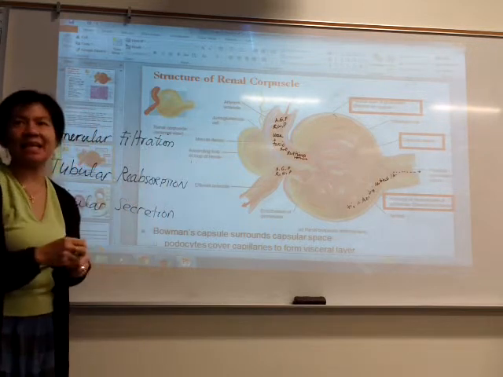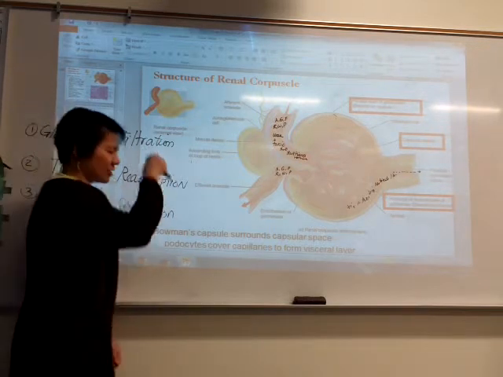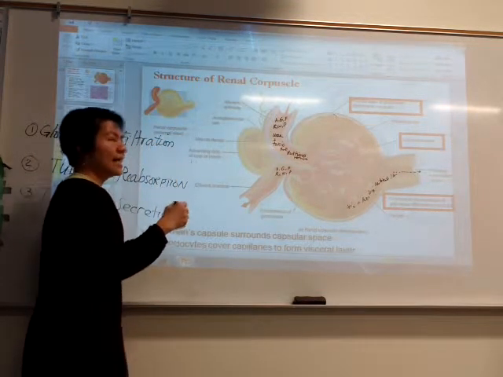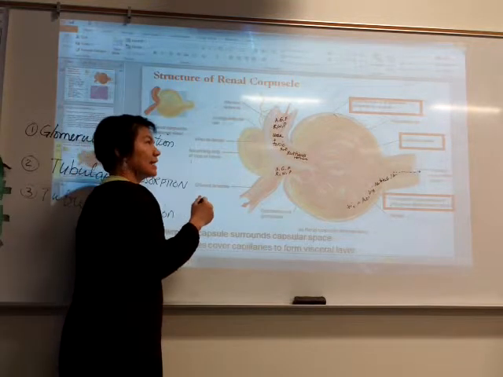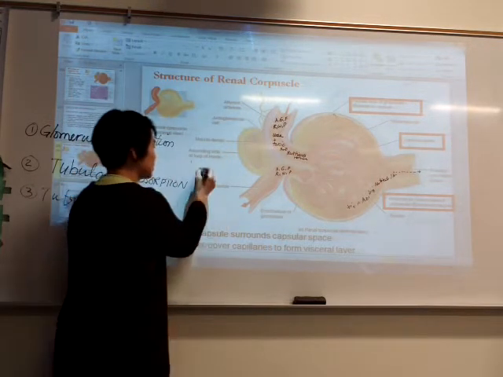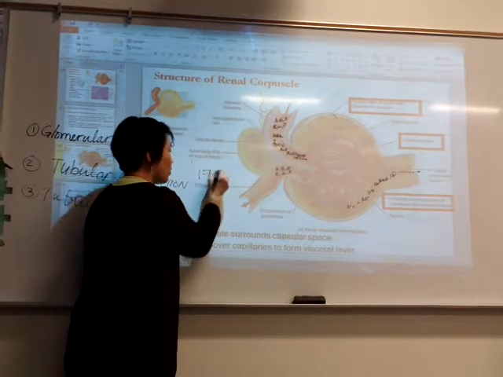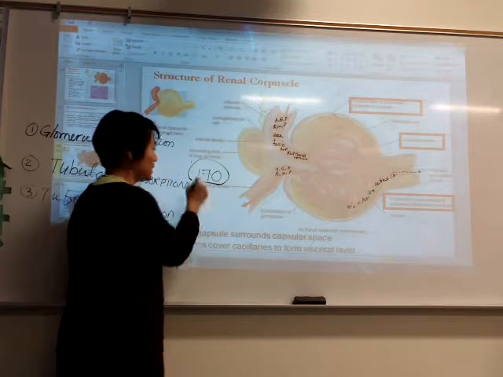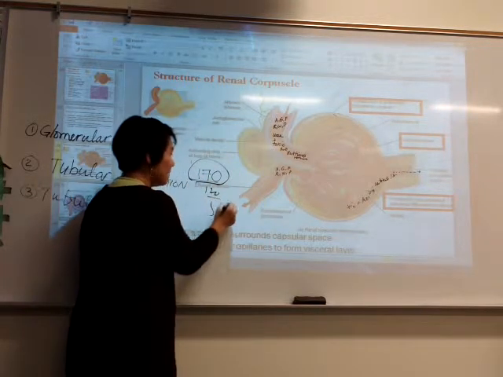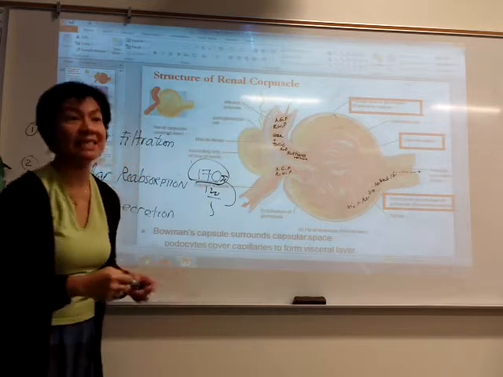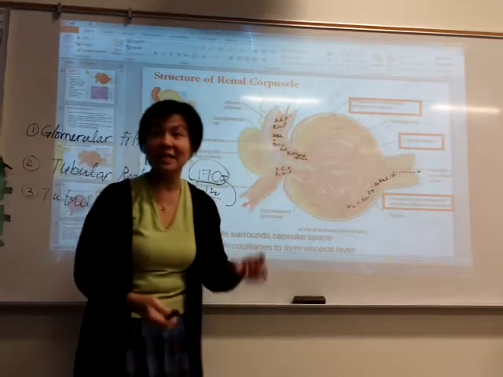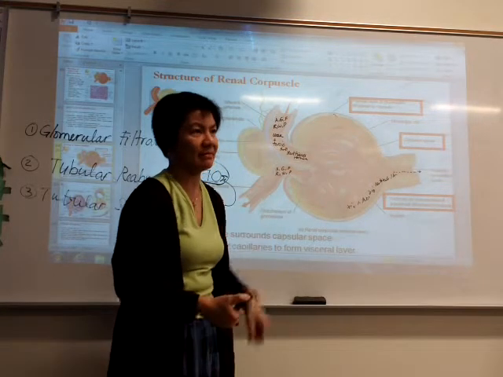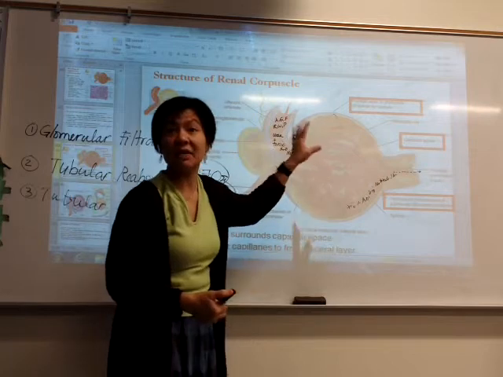According to Holmes Human Anatomy, I think, I forgot the name of the author, it was written there that even if blood pressure goes as high as 170, can you imagine, compared to 120 over 80, you will still form urine. Your kidney is able to auto-regulate. This is the key. This is the first step.